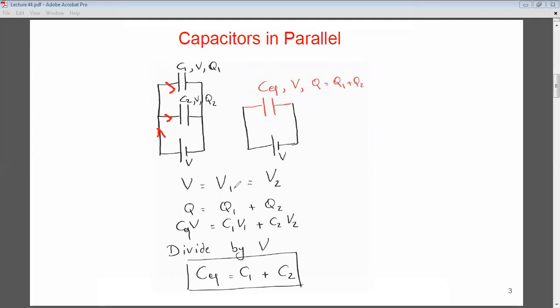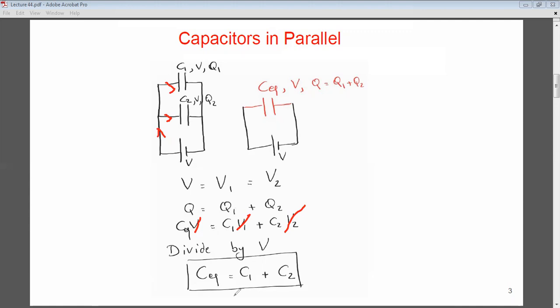Now, V equals V1 equals V2. Q equals Q1 plus Q2. I put instead of Q, C equivalent V. Q1 is C1 V1, Q2 is C2 V2, but V equals V1 equals V2. So I get C equivalent equals C1 plus C2.